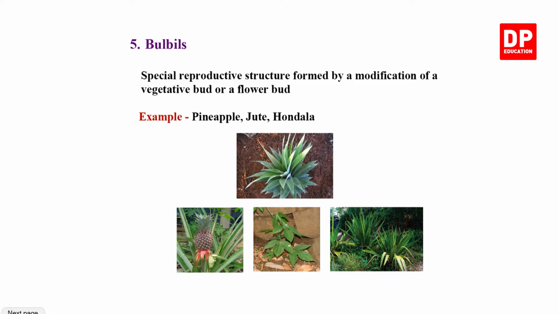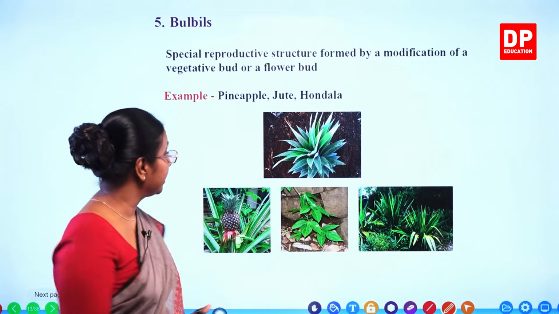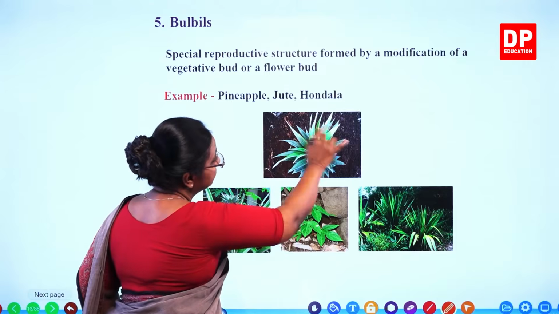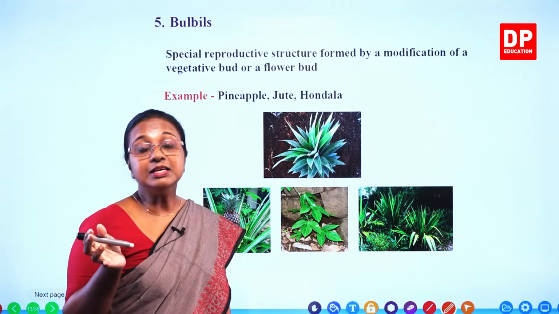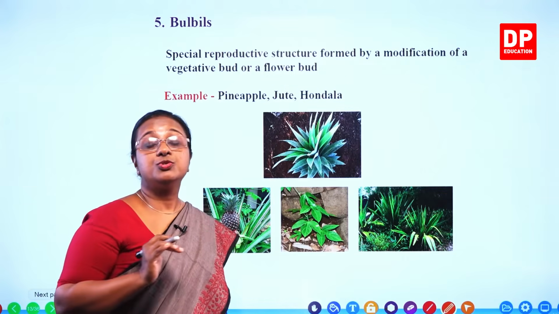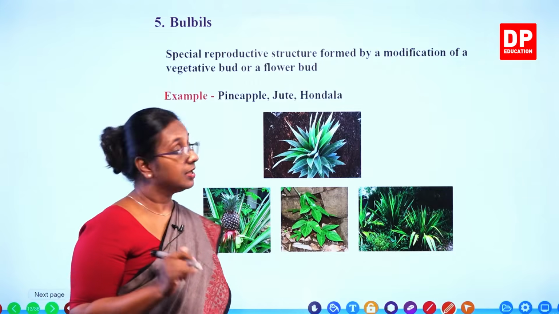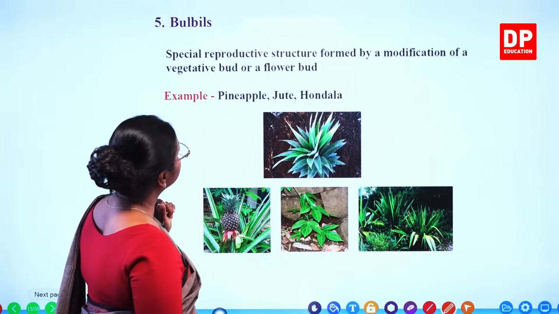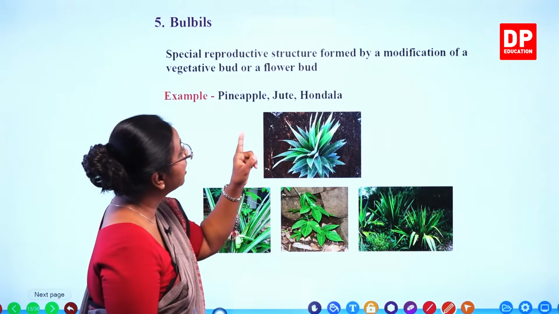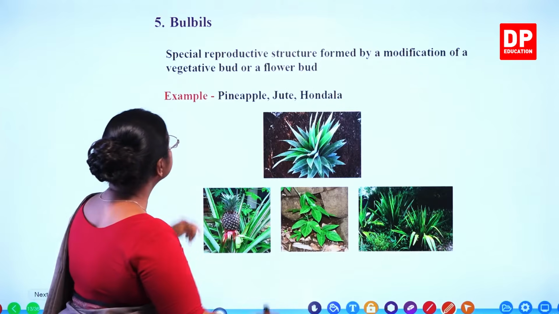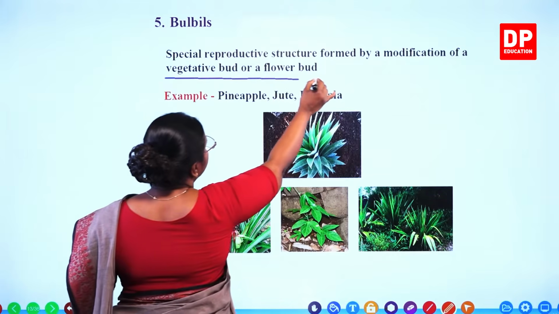Next one is bulbils. What are bulbils? If you take a pineapple fruit, you see the crown-like structure. Like this, you see that structure. That is a bulbil. That can be used to reproduce the plant. It is a special reproductive structure formed by a modification of a vegetative bud or a flower bud.